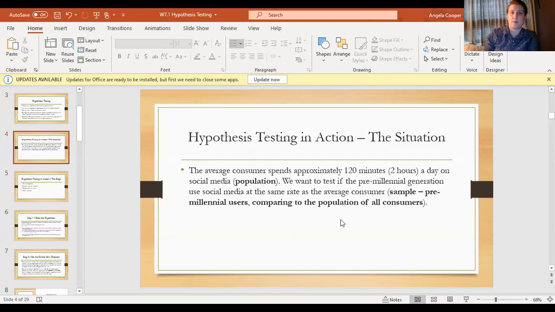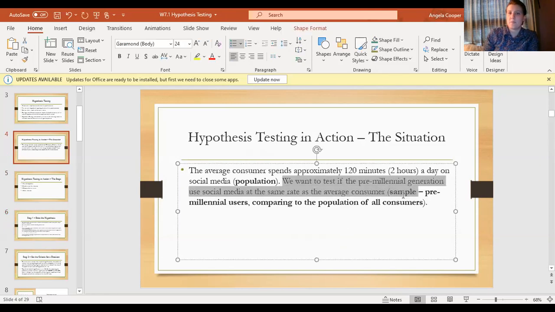So let's get back to that really quickly. We want to test if the premillennial generation uses social media at the same rate as the average consumer. What we're looking for to determine if it's a greater than, less than, or not equal to alternative hypothesis is any sense of direction.